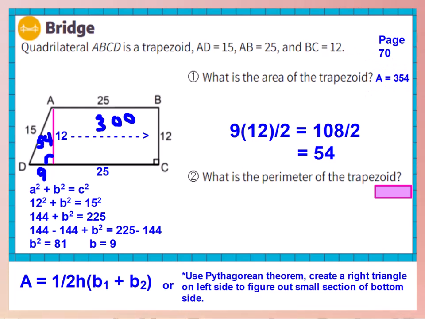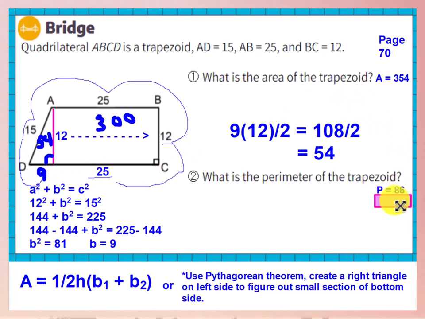Now we can find the perimeter. We're going to add 25 plus 12. Let's go all the way around in any order, but don't miss any of those numbers. 25 plus 12 plus 25 plus 15 plus 9. Add all those up, and you should get 86.